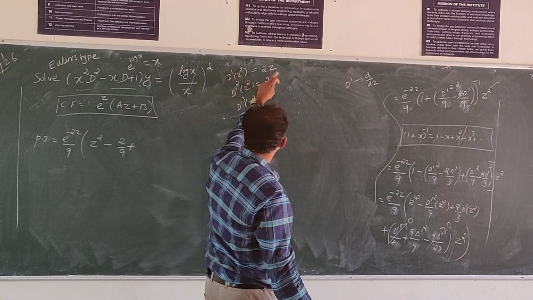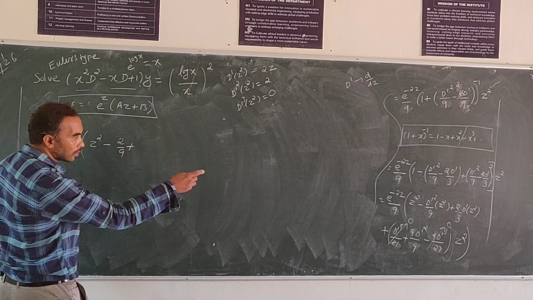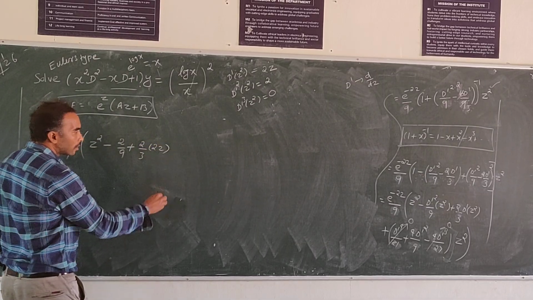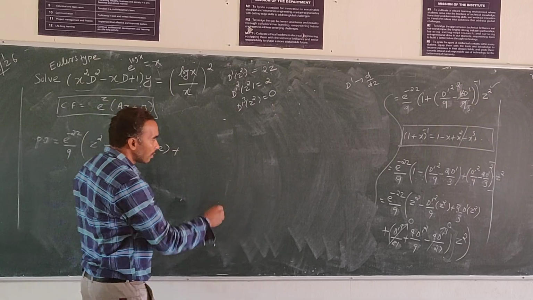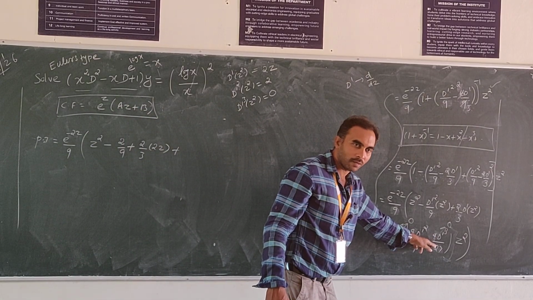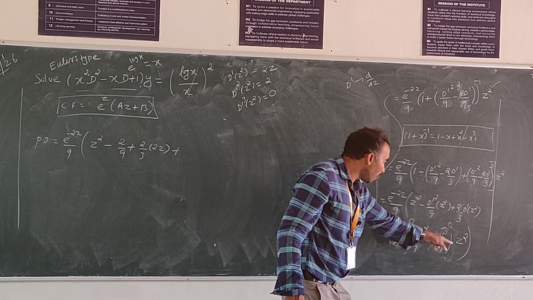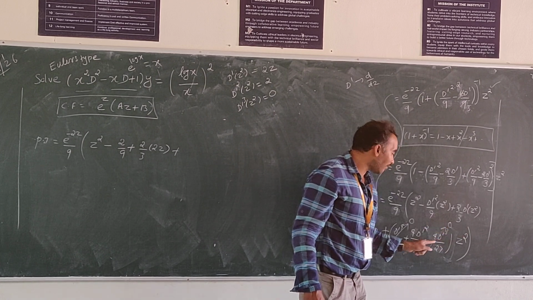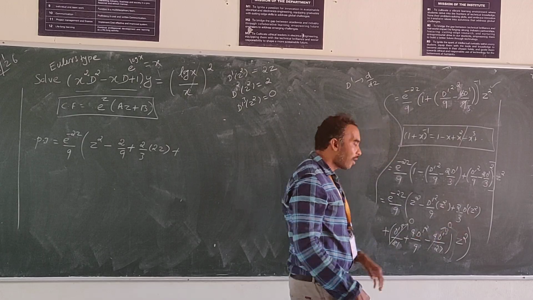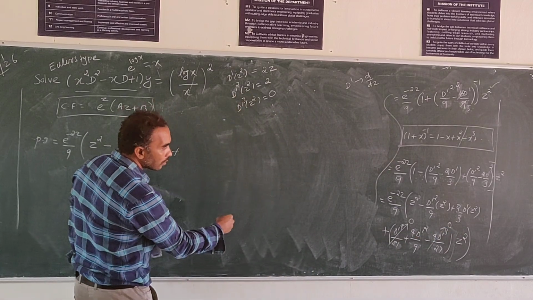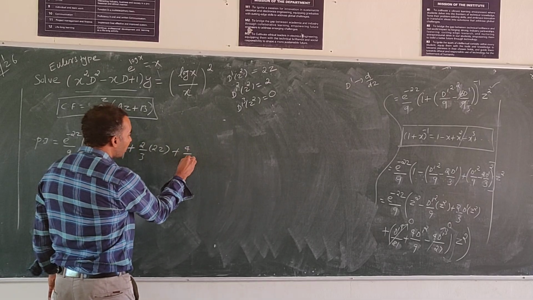D' z square is 2z. So in front 2 by 3 times 2z. Next, plus these two terms will become 0. Already I explained why it becomes 0. Next, multiply z square inside the bracket, so D' squared z square. What is the value of D' squared z square? 2. So it is 4 by 9 into 2.